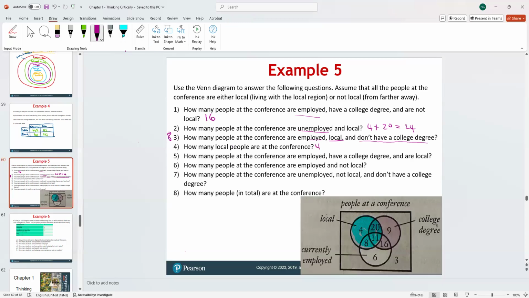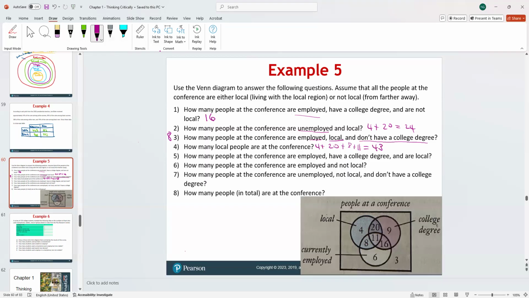You add 4 plus 20 plus 8 plus 11, then you would find 43 people are local. Of course, some of them are employed, some of them are only local, some of them have a college degree, some of them have all three. So we already know what to do with this one because we're dealing with only local.